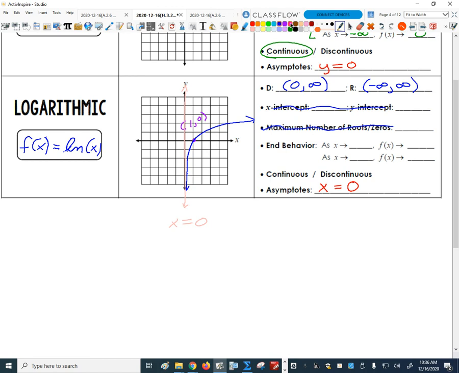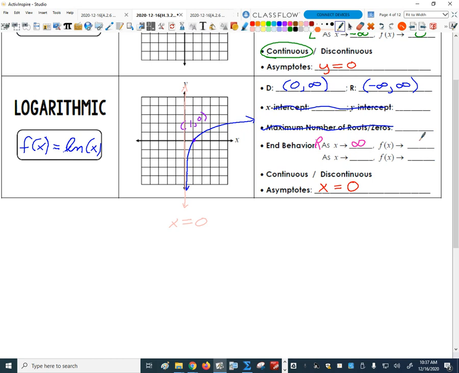And the end behavior, Adelaide, what's my right end behavior on this one? Would it be infinity? Good. As x approaches infinity, what's the function?